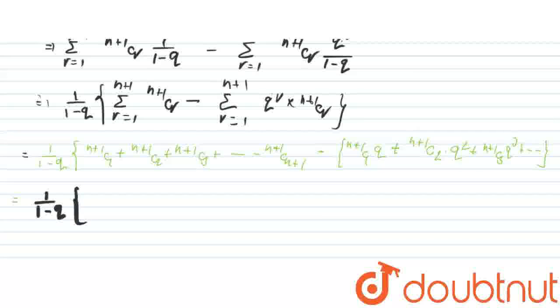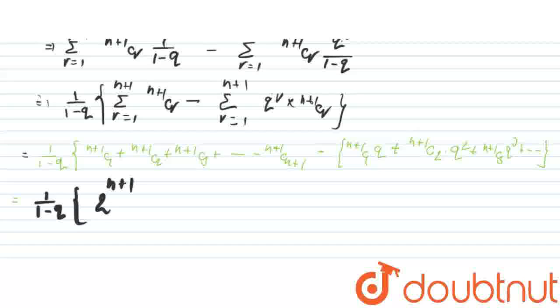At the place of these terms I can write 2 to the power n plus 1, because we know the summation of n numbers of coefficients is 2 to the power n. Okay, and these are n plus 1 c1 q, n plus 1 c3, like this it is going up to.